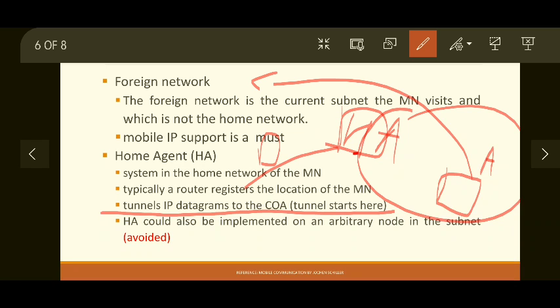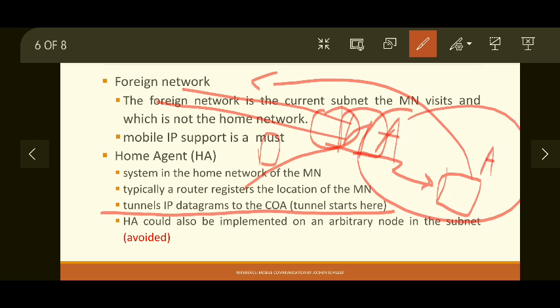Now this router is responsible for delivering the packets to this node, but when you change the location, how to deliver these packets? So the home agent forms a tunnel and delivers these packets to the new location. Okay, so your tunnel will start here. What is the meaning of tunnel and how it is delivered, that we will see later on. So this is the meaning of tunneling the IP datagrams to the care-of address.